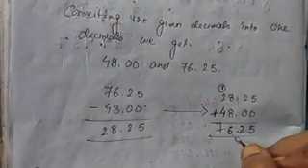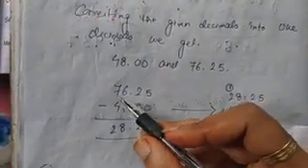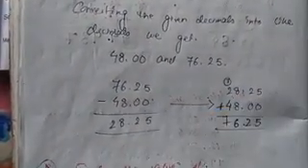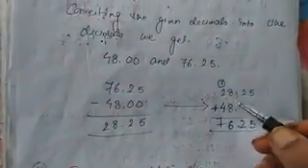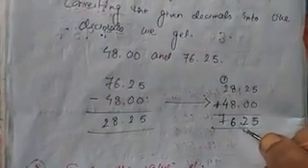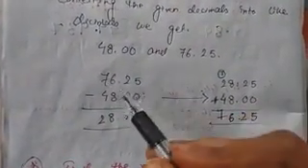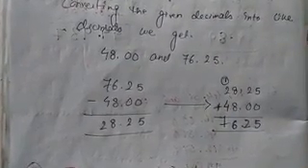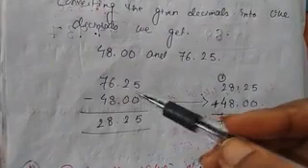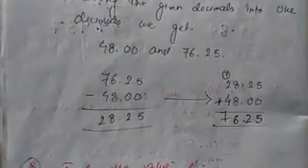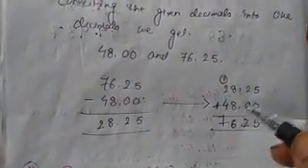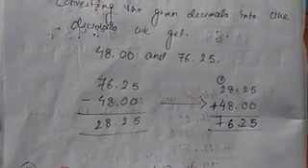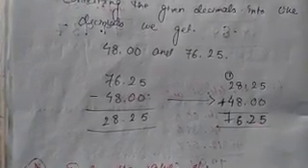See, 76.25 is the first number. So after adding, if the number is equal to the first number, the subtraction is correct. So 76.25 is equal to 76.25, and the subtraction is correct.